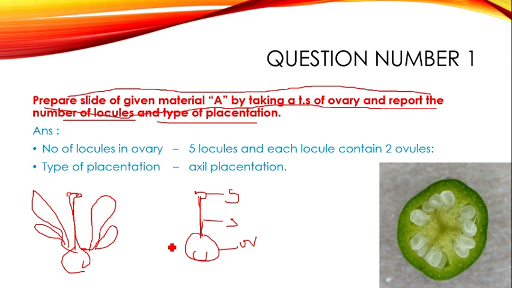Then by taking a blade, you have to cut this ovary. When you cut the ovary, you can see the TS of ovary. Here you can observe how you can see the TS of ovary. Actually, this TS of ovary need not be seen in a compound microscope. In a dissection microscope only it is easily visible.